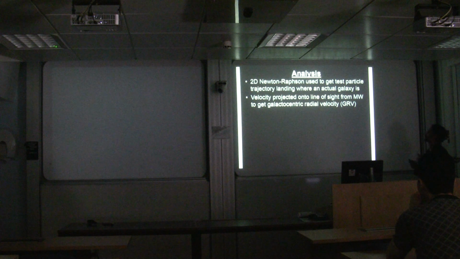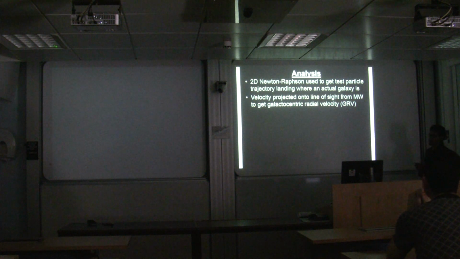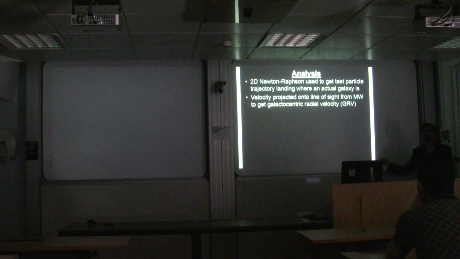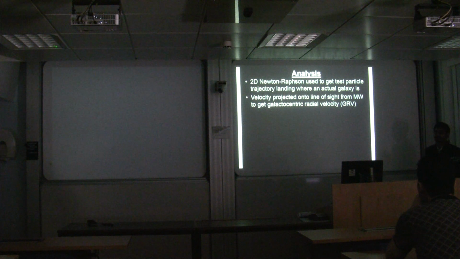field galaxies almost. So the analysis we do is a Newton-Raphson two-dimensional stage to get test particle trajectories landing exactly where an actual galaxy is. That's the main thing in our algorithm, which is the key thing. Once you have a test particle landing where actual galaxies are, you can say how much the velocity should be in this model.